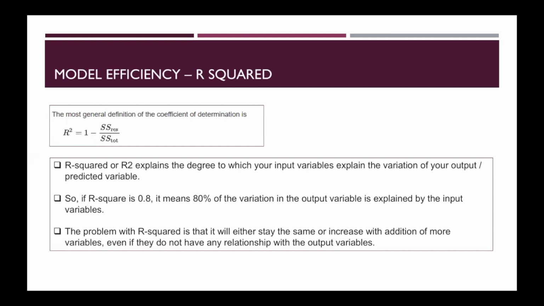But here one small problem is, if we add more features to the model, even if those features are redundant or not necessary, we will still get the same value of R squared, or sometimes it even increases, which gives a wrong indication that there is no negative effect on the model when we add those features.